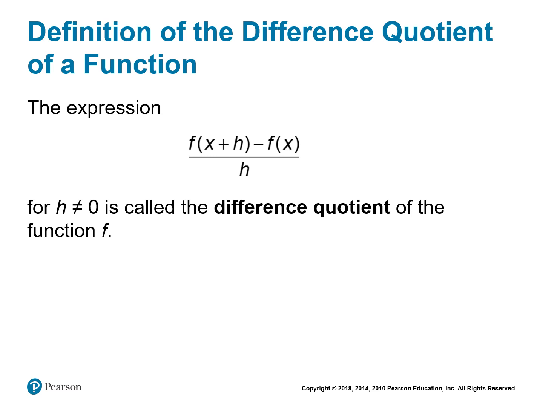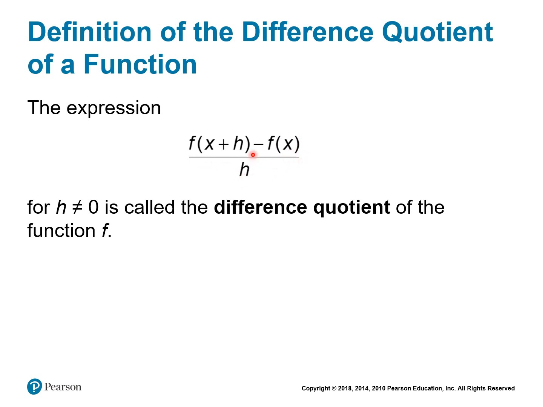Here we'll talk about a special expression which is called the difference quotient of a function. In the next slide, we will be asked to perform an evaluation using this particular expression. So the expression is f of x plus h minus f of x, divided by h.